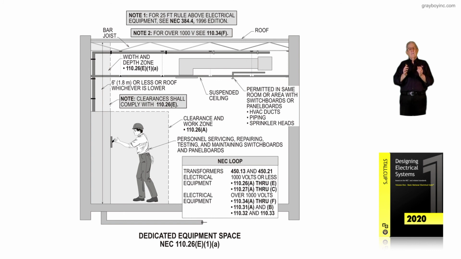Just know how to look up the information that is needed based upon the type of installation that you're making. So this Figure 7-10 deals with the dedicated electrical space above the equipment in accordance with 110.26(E)(1)(a).